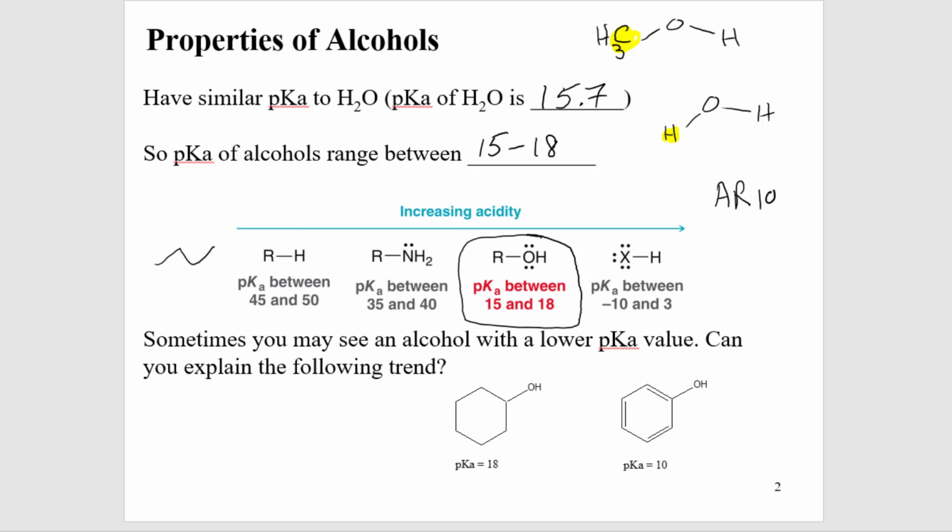ARIO is a system that allows us to qualitatively assess, not quantify, the acidity of a given compound. So you take off the hydrogen and you look at the conjugate base, or the negative charge left behind, and you assess it using the atom, then resonance, then induction, then orbital.